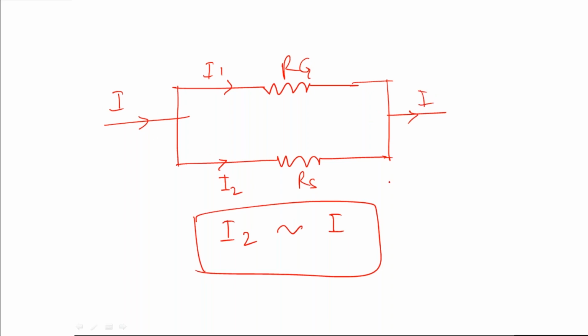And the sensitivity of the ammeter can be found out. From the previous equation, phi is equal to NIAB by K, if you remember that, or I can write this as phi = (NAB/K) I. NAB by K is a constant for a given galvanometer, and this is the phi.